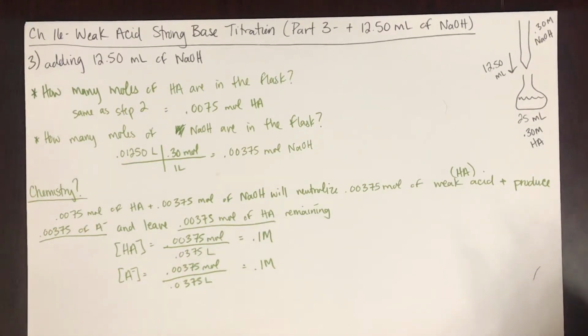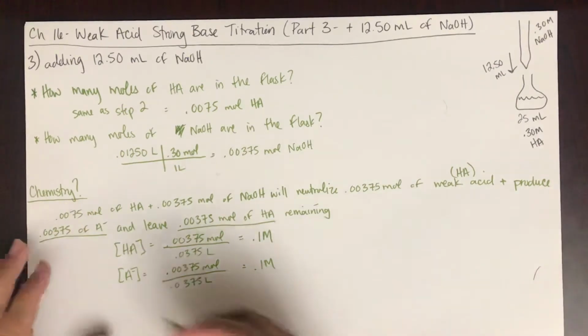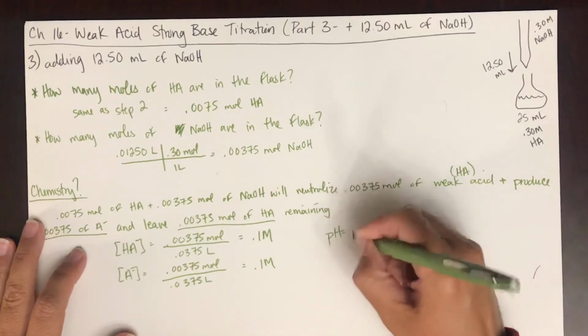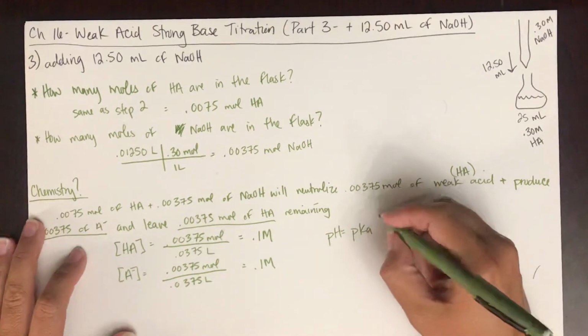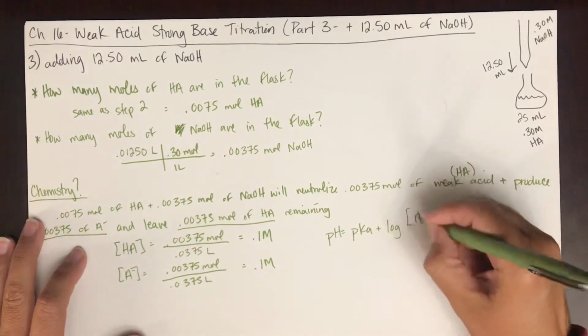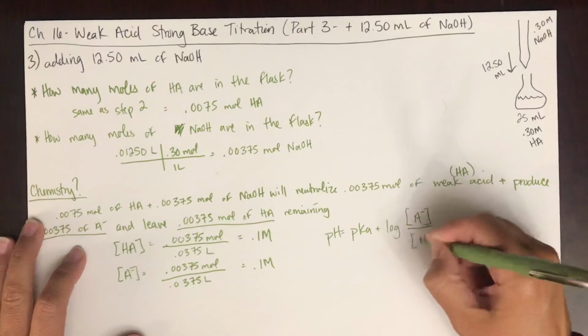So let's see what that makes the pH. I'm going to use the Henderson-Hasselbalch equation to solve for pH. Again, the Henderson-Hasselbalch equation is pH equals pKa plus the log of base over acid.